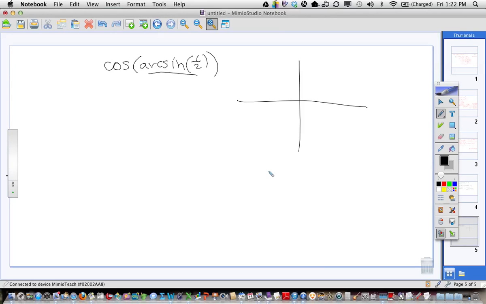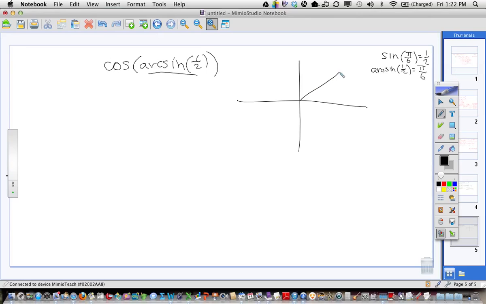Pi over 6. Now remember, we said sine and arc sine are inverses. They're like interchanging their x and y. So when I say sine of pi over 6 is 1/2, that's the same as saying arc sine of 1/2 is pi over 6, right? I just interchange their inputs and outputs. So arc sine of 1/2 is pi over 6.